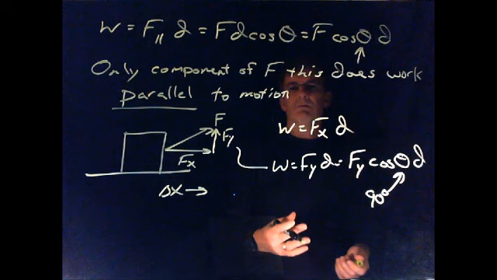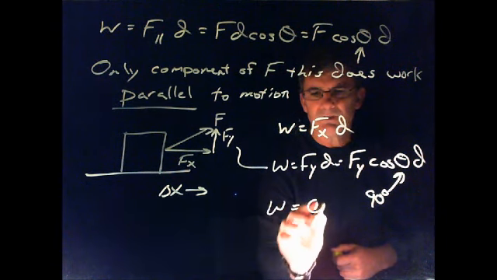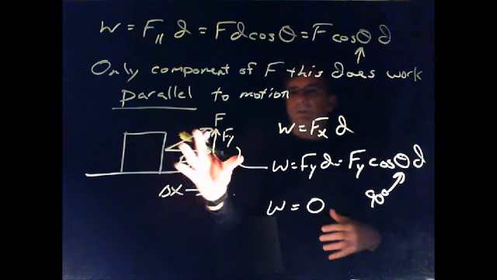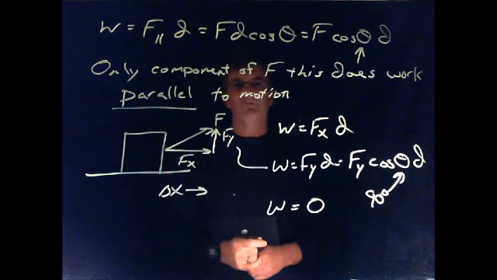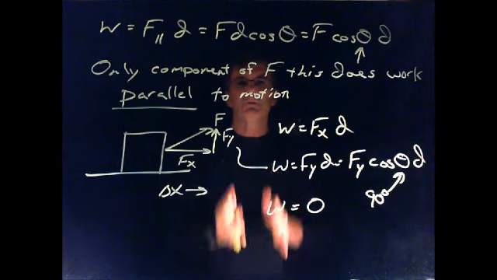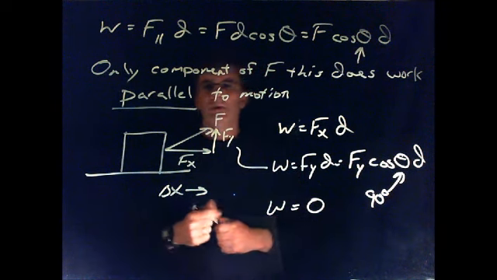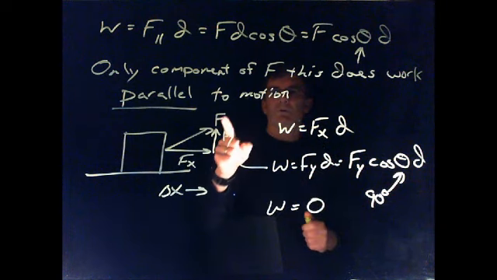Cosine of 90 is 0. And so this turns out to be 0. No work is being done by this force in the y direction because it's perpendicular to motion. Perpendicular forces do no work. And that's an important thing. Only the parallel component does the work.